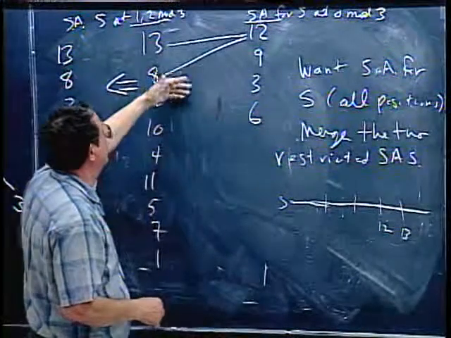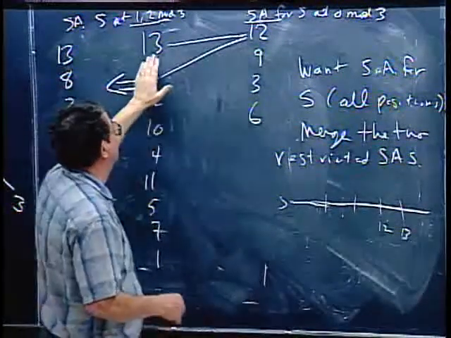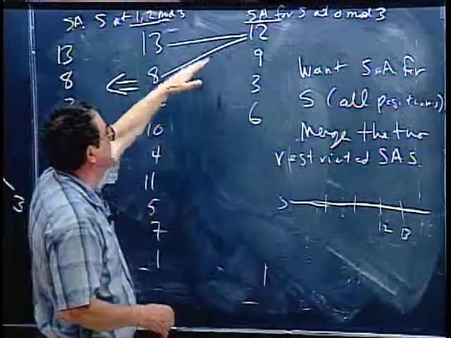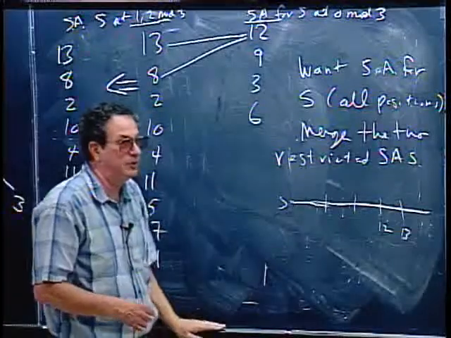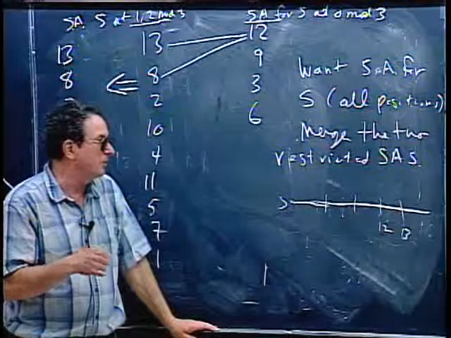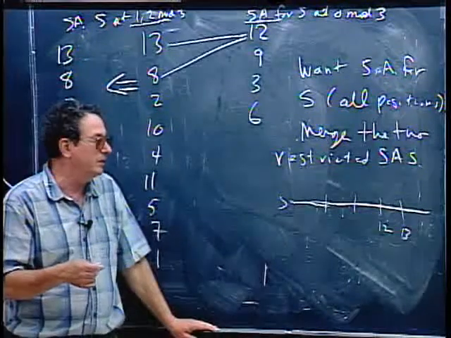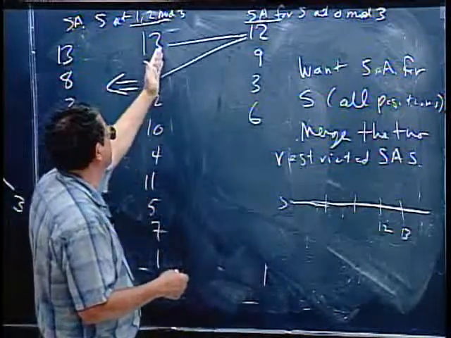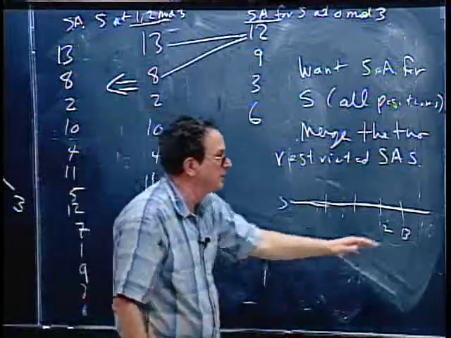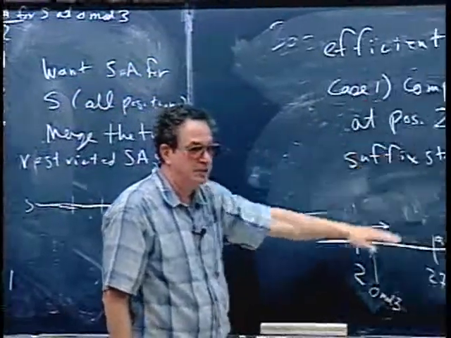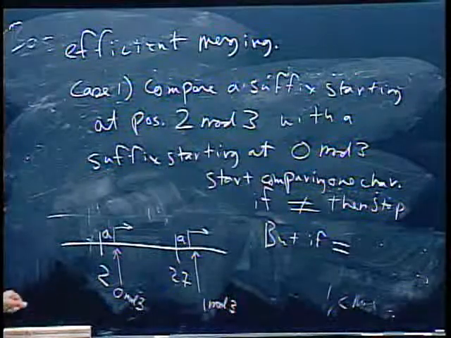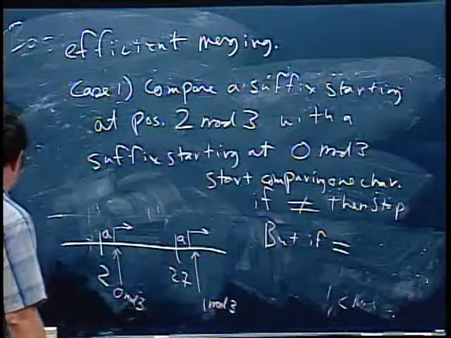And moreover, whenever we look at two positions, we can find out which of the two suffixes represented by those positions is lexicographically smallest in constant time. The reason we could do this in constant time is because the suffixes begin at positions 1, 2 mod 3 and 0 mod 3, and they have this funny property that we just discussed over here. And we'll get back in a minute to the odd-even case and why that doesn't work.